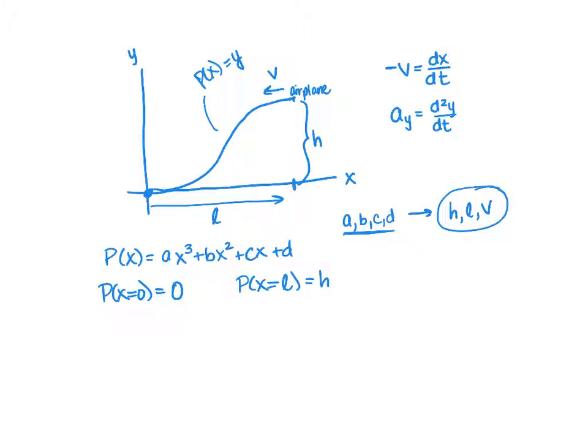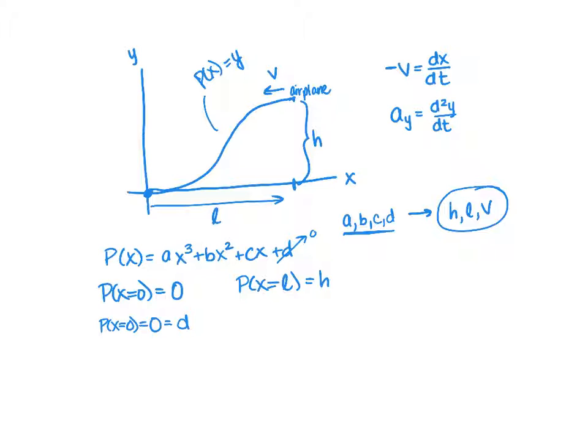So if we let x equal 0, and we set that equal to 0, the first three terms just disappear, and we're only left with d. So right away that tells us that d is 0. That's kind of nice. We can get rid of that right away.